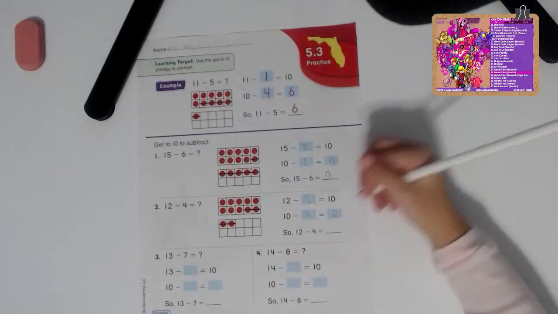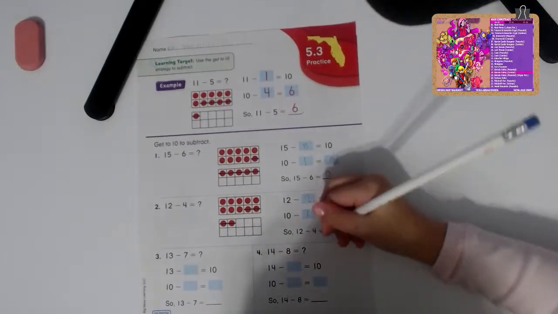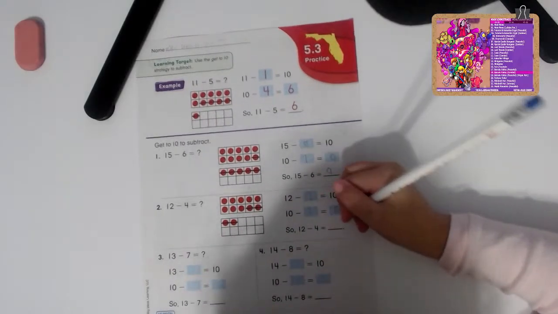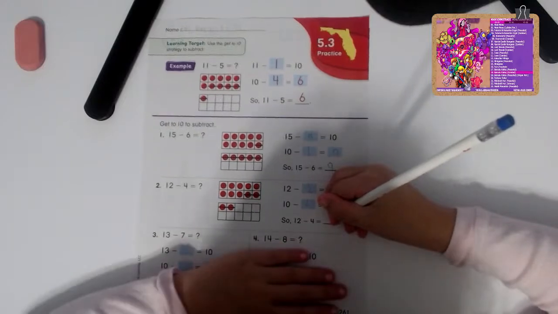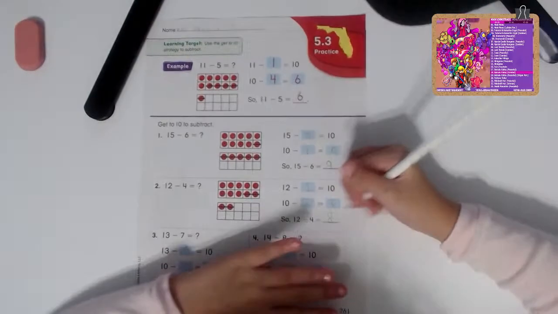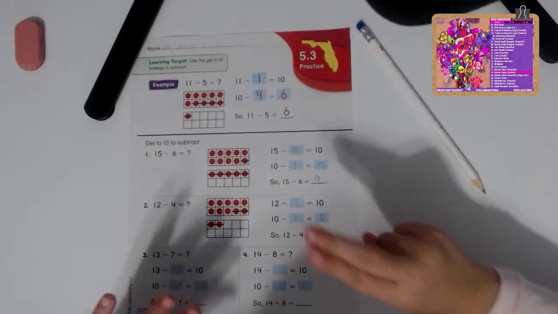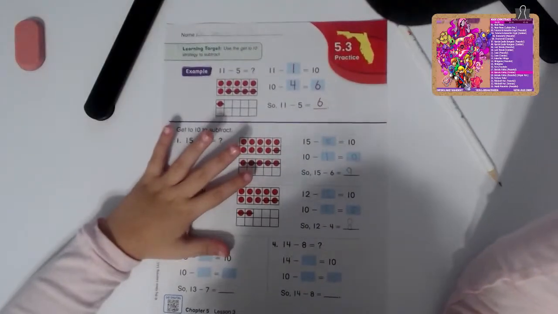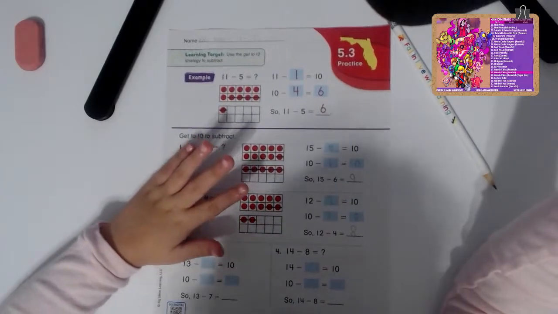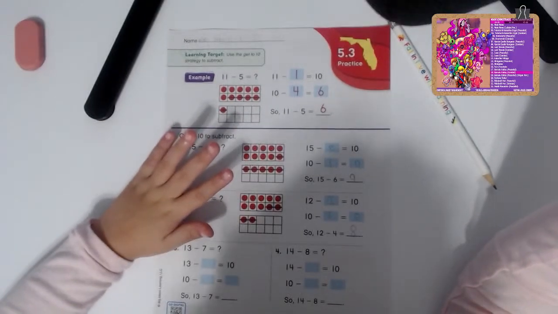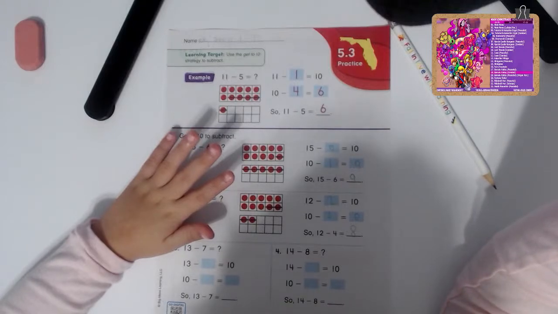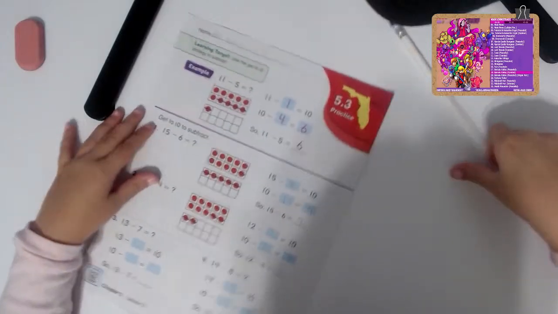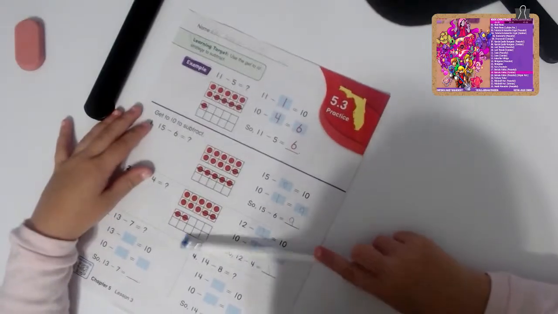So 12 minus 4. Count again. Did you count right or no?